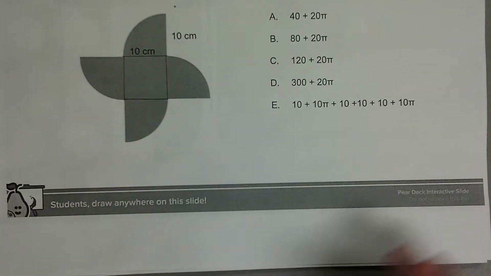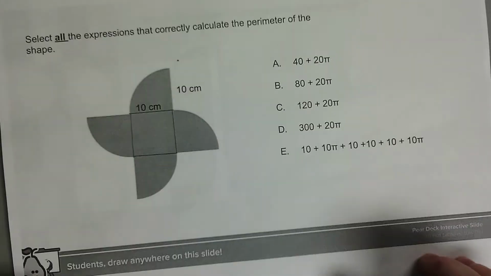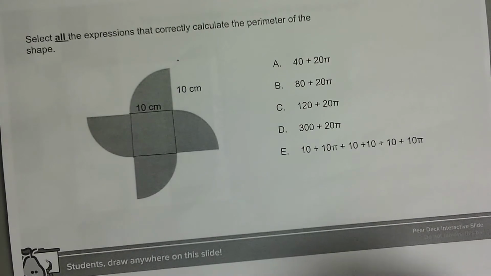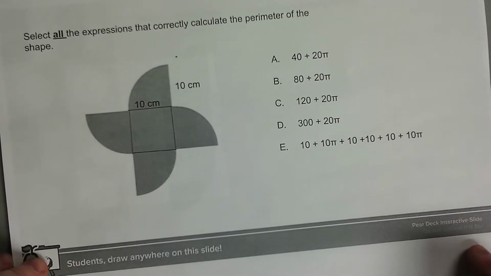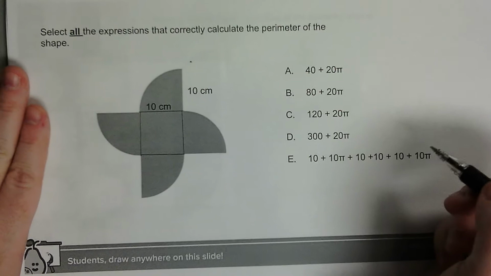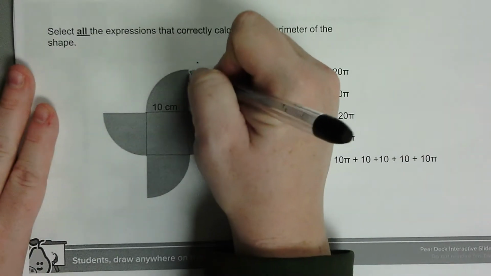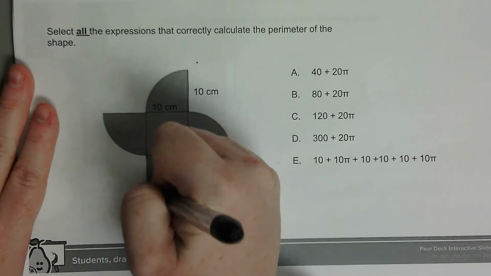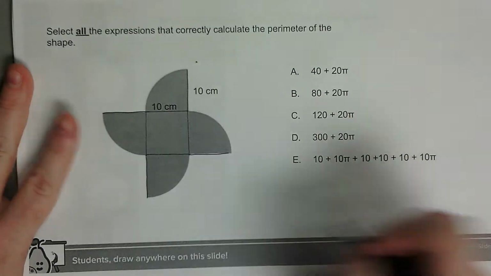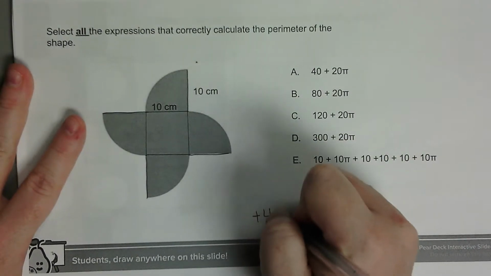Alrighty, question 3. Select all the expressions that correctly calculate the perimeter of the shape. Alrighty, so we need this length for a perimeter. There's 4 of them. So we are going to have something plus 40.